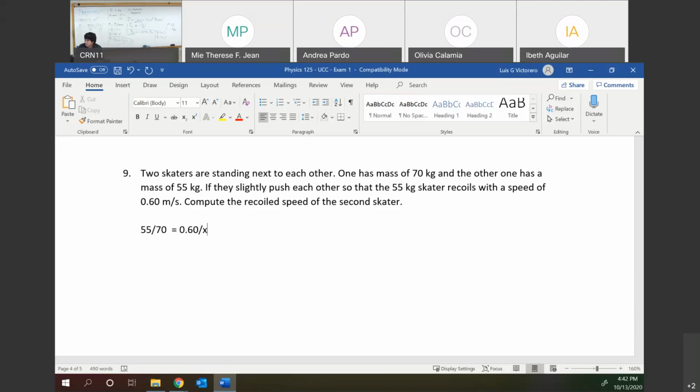That's what you have to do. It's an inverse type of proportion, so that's why.